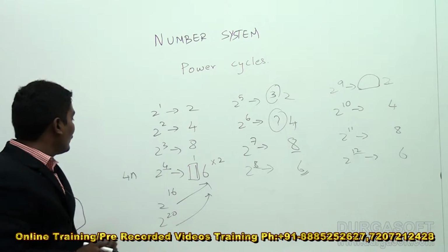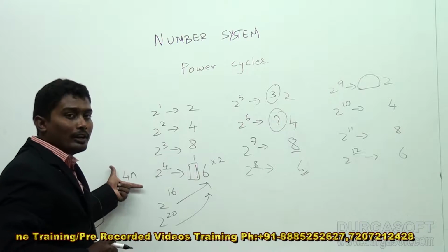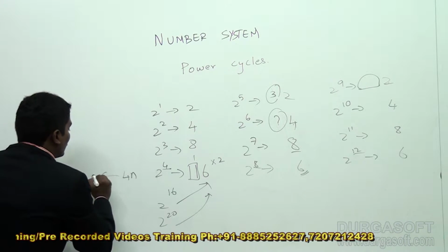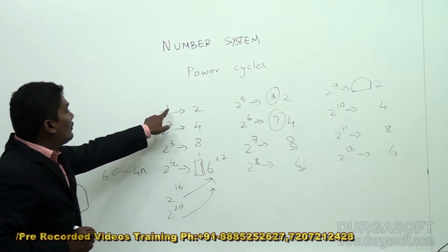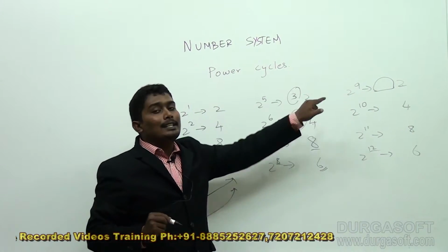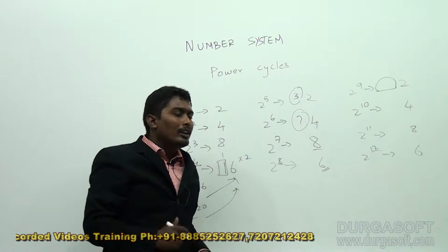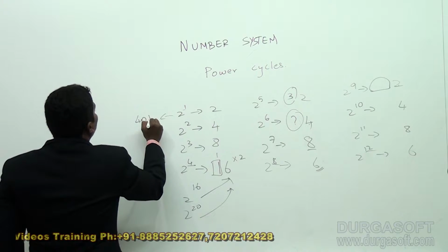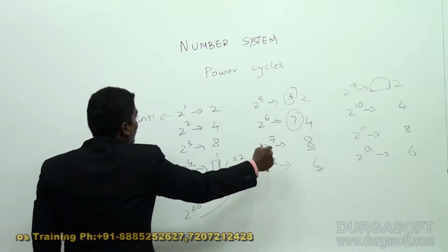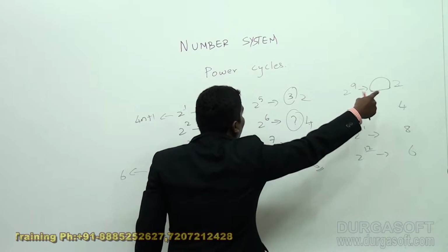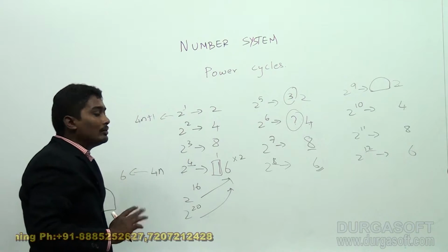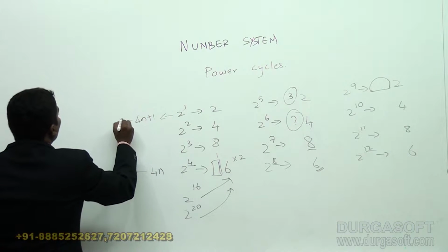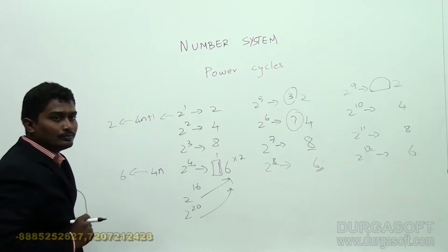It will never change. So if the power is of form 4n, then the unit digit is always 6. If the power is of form 4n plus 1, like 1, 5, 9, 13, you see 4 plus 1, 5, 8 plus 1, 9, 12 plus 1, 13, 0 plus 1, 1, then the unit digit will always be 2.